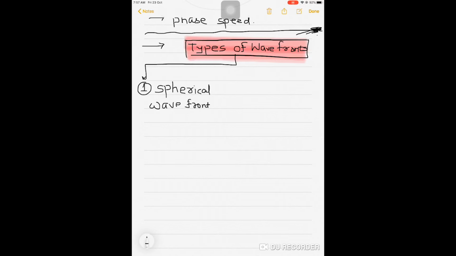Here I would like to show how the spherical wave emerges. In the case of a wave traveling in all directions from a point source, for a spherical wavefront we need a point source. If it is moving in all directions from a point source, the wavefronts are spherical in shape.